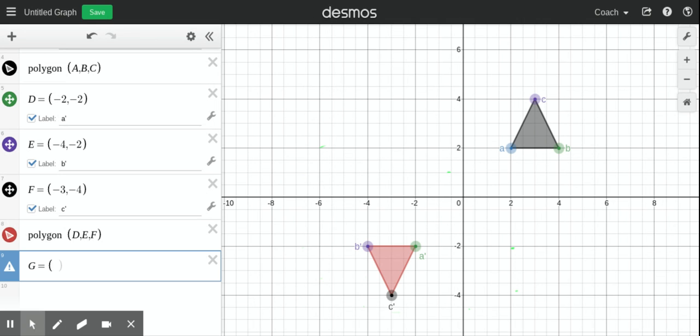We're doing 90 degrees counterclockwise, Coach Caps. So the first one is going to be (-2, 2). There's the point.